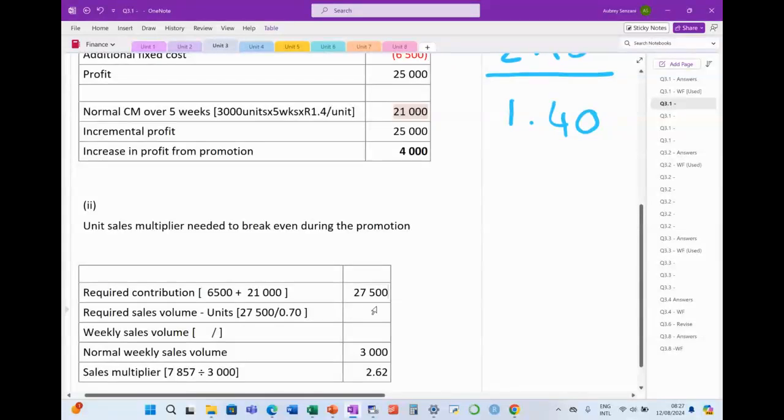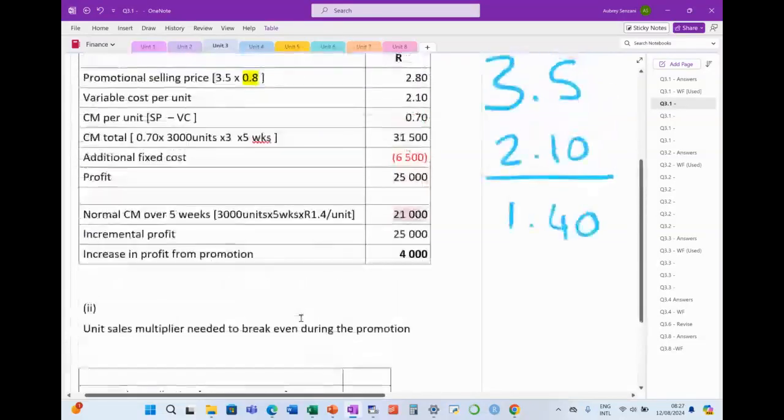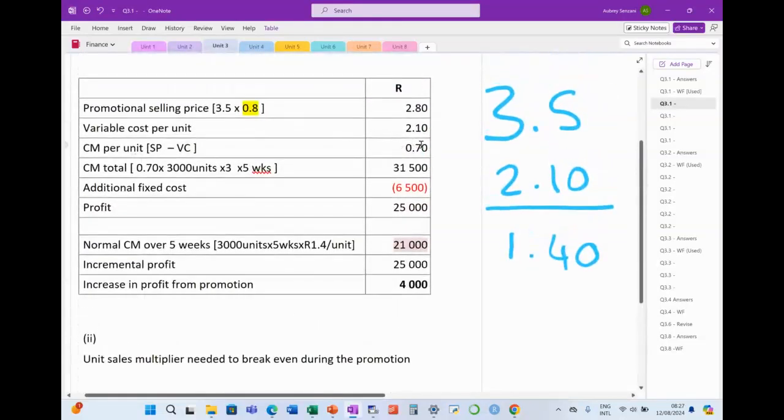Okay. Then from that, we want to know how many units we need to produce. So we take this 27,500, and remember we have a contribution of 0.70 under the promotion. We calculated it up here. Can you see? Over here.